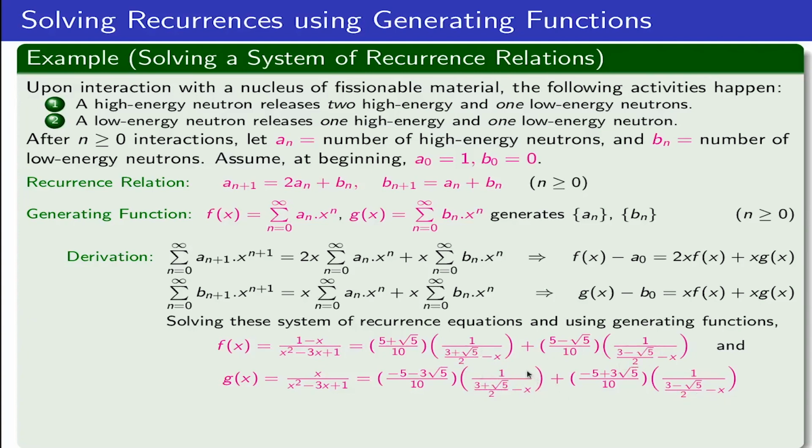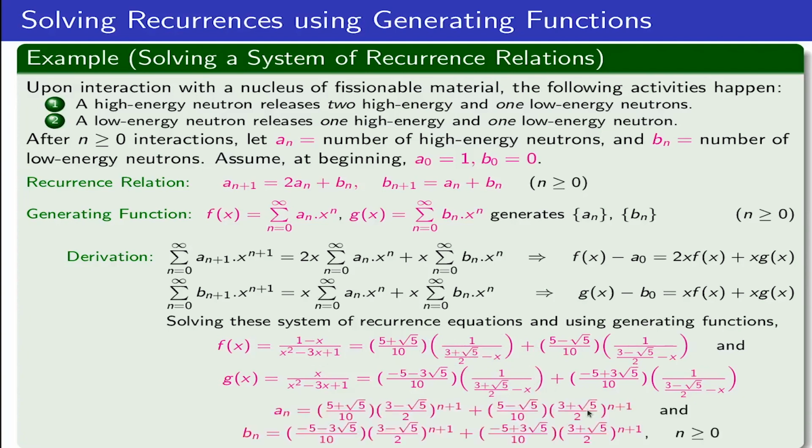Because unless we form it this way, I need something minus x to the power minus n to get my x to the power n coefficient. Remember, my job is to get the coefficient of x to the power n. From here it is not obvious. As you have seen in the generating function class, we make certain jugglery to make it the format of 1 minus x to the power minus n or 1 plus x to the power n.